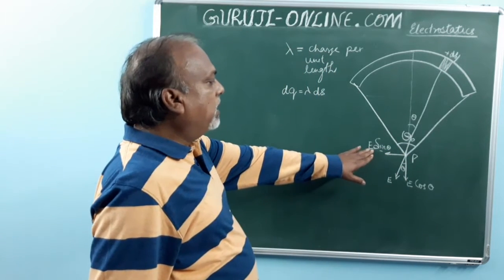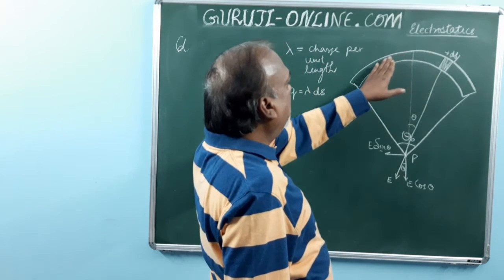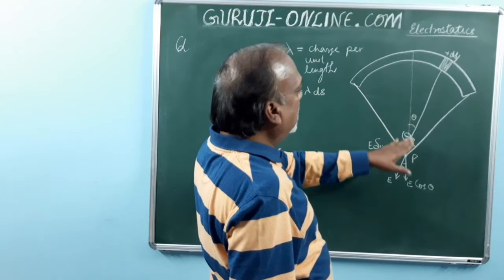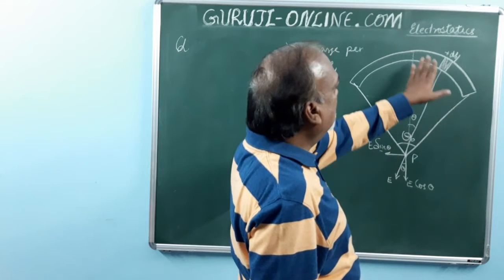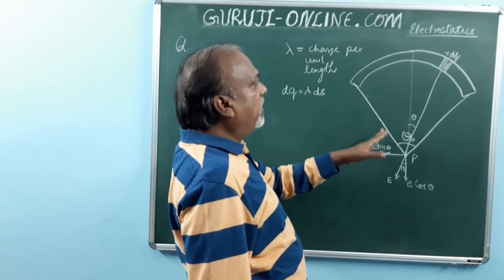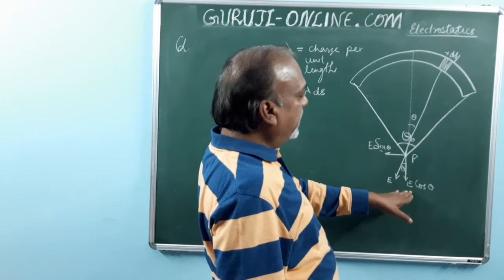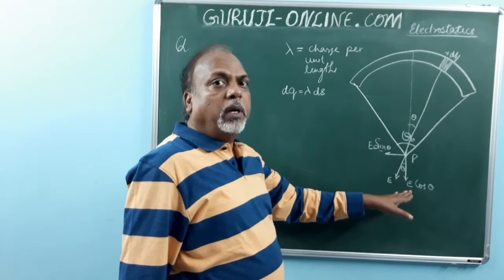But E sin theta will cancel out because when we integrate, E sin theta will be in this direction in this portion, and in the other portion E sin theta will be in the opposite direction, and ultimately this component will cancel out. The only component which will remain here is E cos theta.